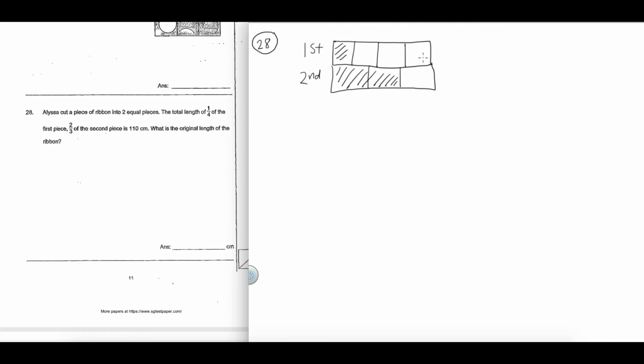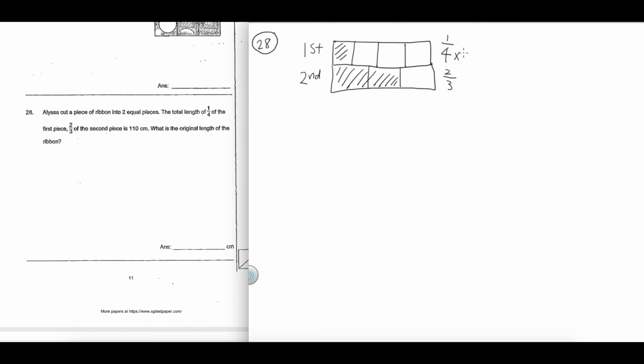What is the original length of the ribbon? So they're the same length. What should I do? You realize the fraction here is 1/4 and the fraction here is 2/3. What's the best thing I should do? Make the denominator the same. So once it's the same, I can actually compare it with the first and second model.